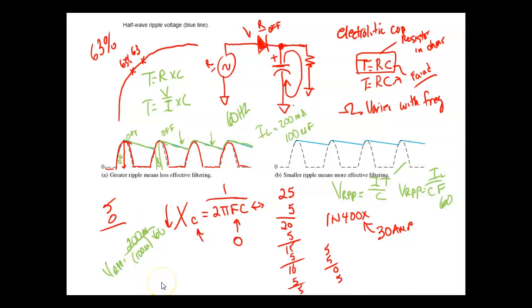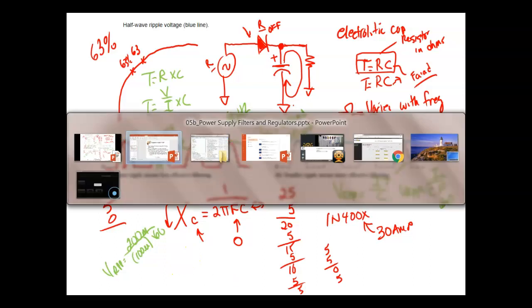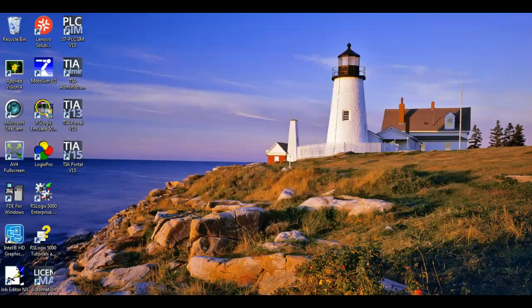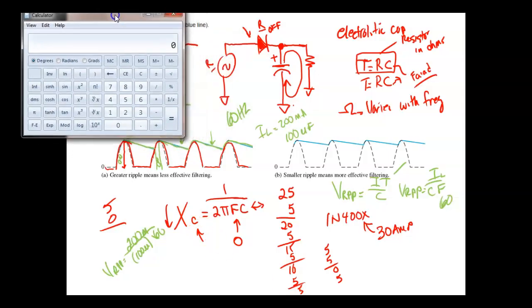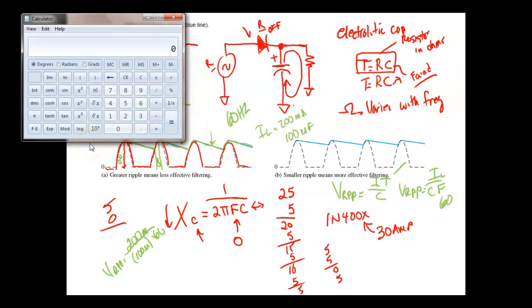So you guys probably need to use parentheses, right? So how would we enter that in our calculator? Let me find my calculator. So I'd start off with 200 milli, right?